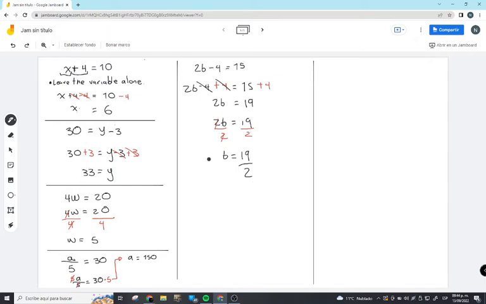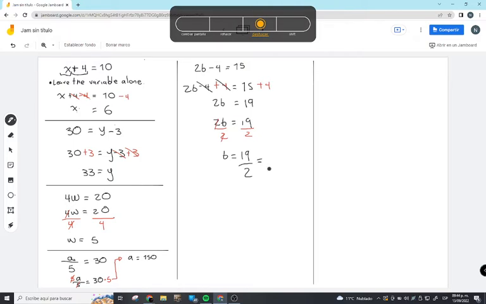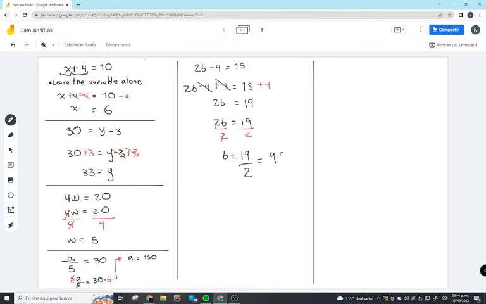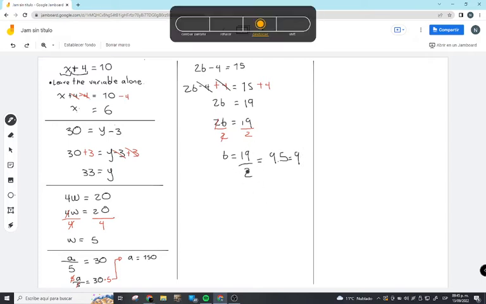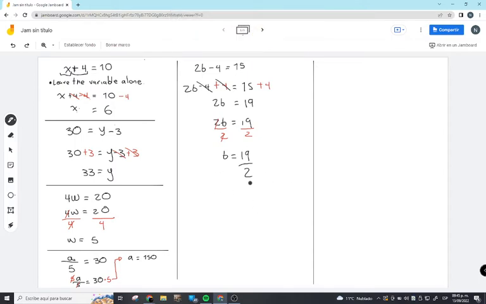Or you can write it as a decimal, which in this case is 9.5. Or write it as a mixed number, which is 9 and 1/2. Can you simplify it? In this case, no. But it's a matter of choice or being aware of what your teacher asks. So this is it. That's the answer of this equation.